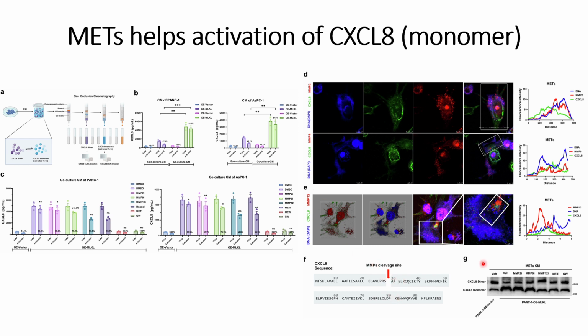They also validated this using Western blot, where they saw that when they use MMP12 inhibitors, fewer CXCL8 monomers and more CXCL8 dimers are formed compared to the other inhibitors.